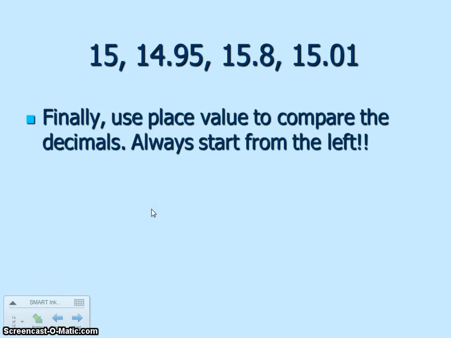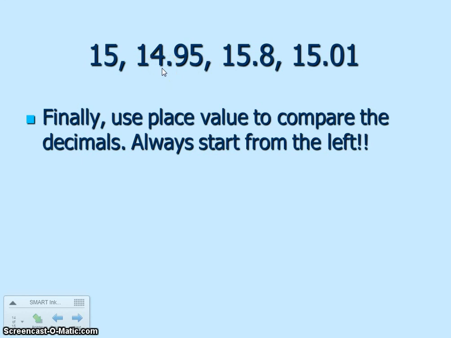Finally, we're going to use the place value to compare the decimals. Always start from the left. So since we have numbers that are in the tens place, we're going to start with our 1. And all 4 of our numbers start with a 1, so we're going to move to the ones place. I have 3 numbers that have a 5 in the ones place, and then this number right here, 14.95, there's a 4 in the ones place.